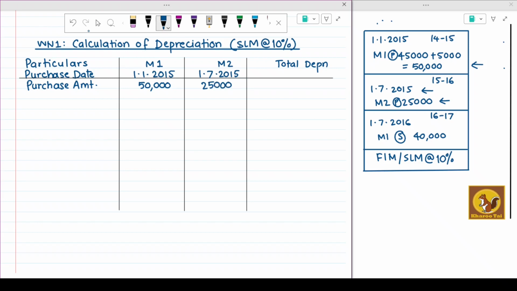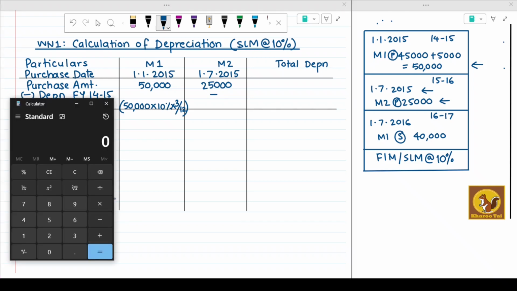So let's start with depreciation. Depreciation for FY 14-15. First machinery was used for 3 months only, Jan, Feb and March. So the calculation will be 50,000 into 10% into 3 divided by 12. And the second machinery was not yet purchased, so there will not be any depreciation on it in first year 14-15.